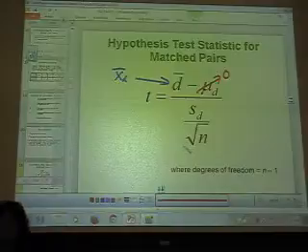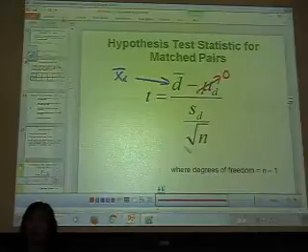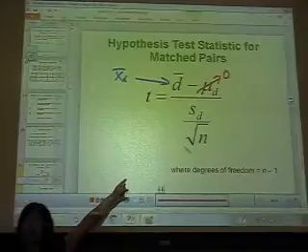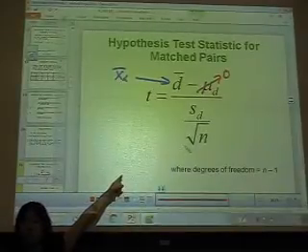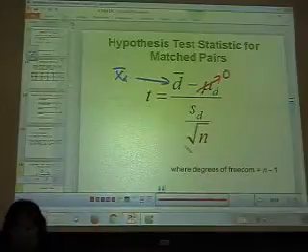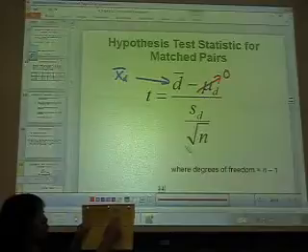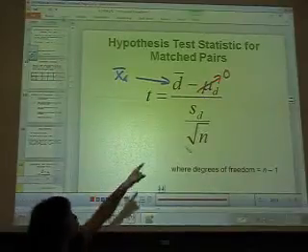I'll say it one more time. For a two sample dependent mean test, use the one sample mean test. In other words, use this one right here, the one sample test, with mu naught equal to 0.